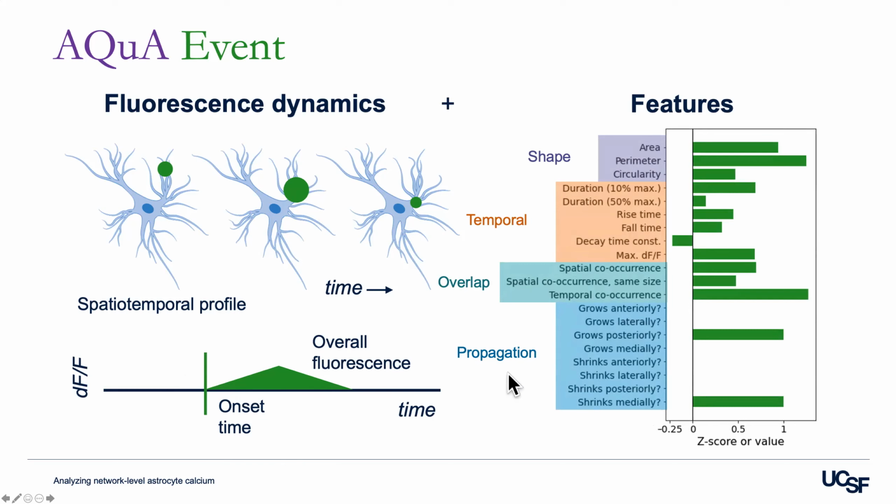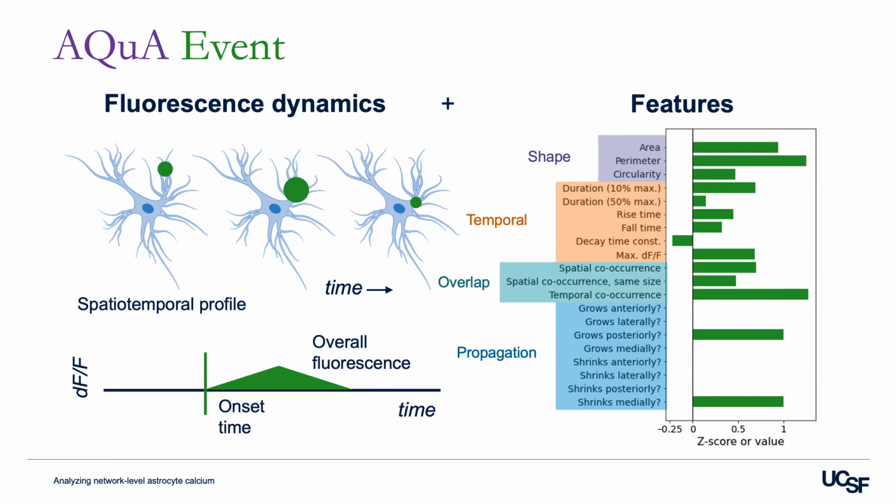But one of the critical components of AQuA is the generation of these feature vectors associated with each individual event that quantify various aspects of the event, including its spatial characteristics, such as its area or circularity, these various quantifications about the shape, the temporal dynamics of the event and its kinetics, duration, rise and fall times, the synchronization of many events within the same imaging field and how they overlap with each other in space and in time, as well as the propagation of events in space, because some events are static, whereas others will actually change their position relative to the imaging field over time.